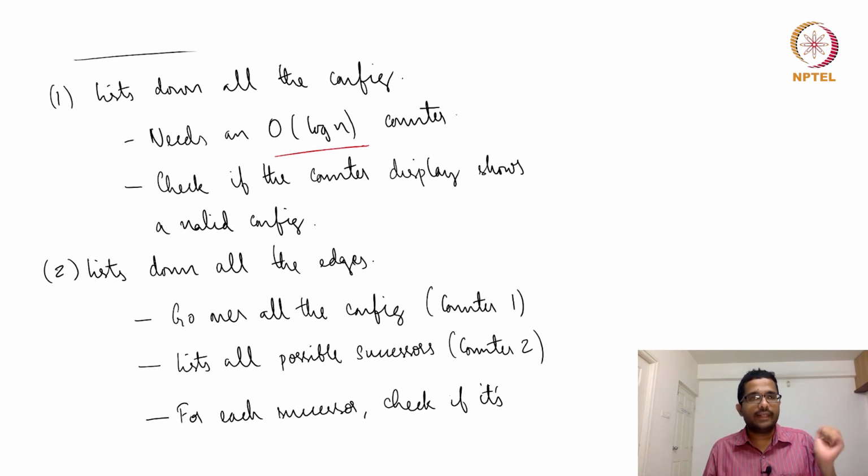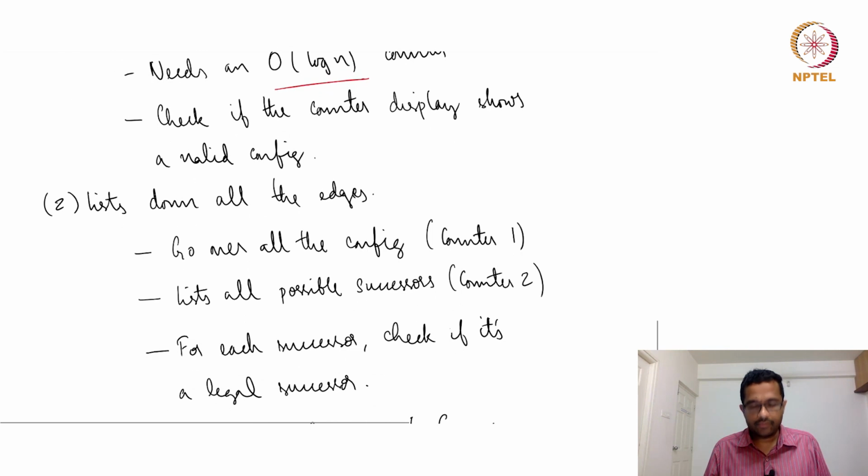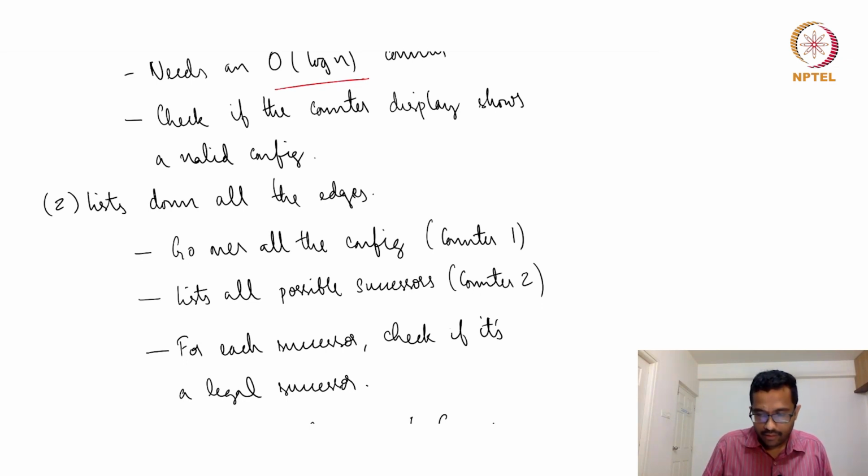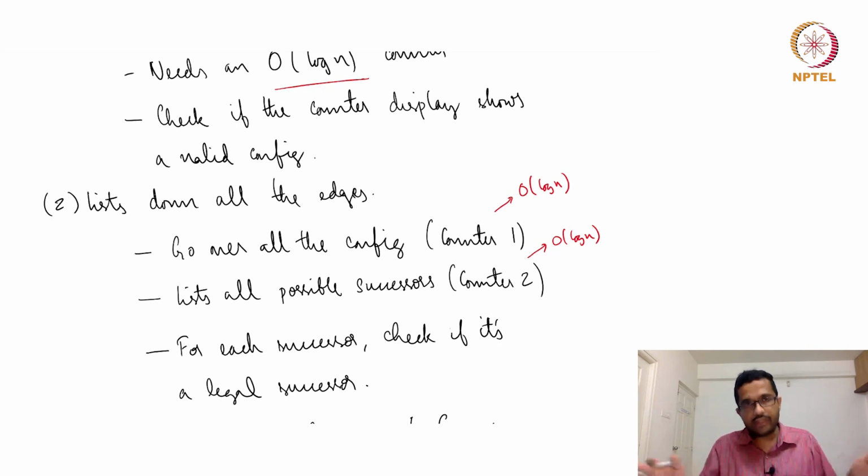Now let us come to the edges in the configuration graph. Once again you go over all the configurations, one by one. That is counter 1. Again, this requires order log n space. Now for each valid configuration generated by counter 1, we generate all the possible successors. So again, it's two nested loops, both running over all the possible configurations.